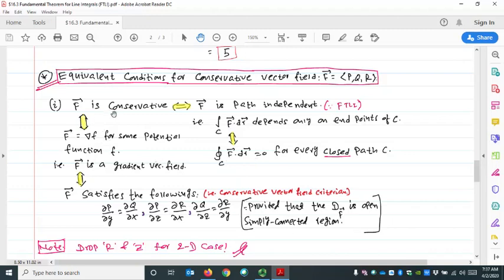And if f is conservative, then we can write f equals gradient f for some potential function little f, meaning f is a gradient vector field.